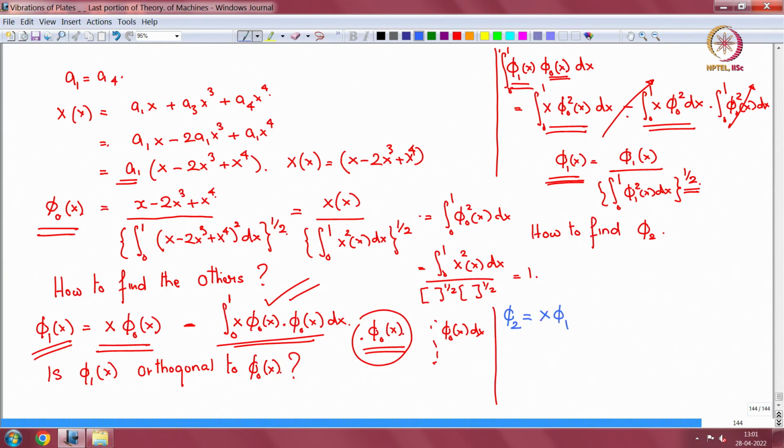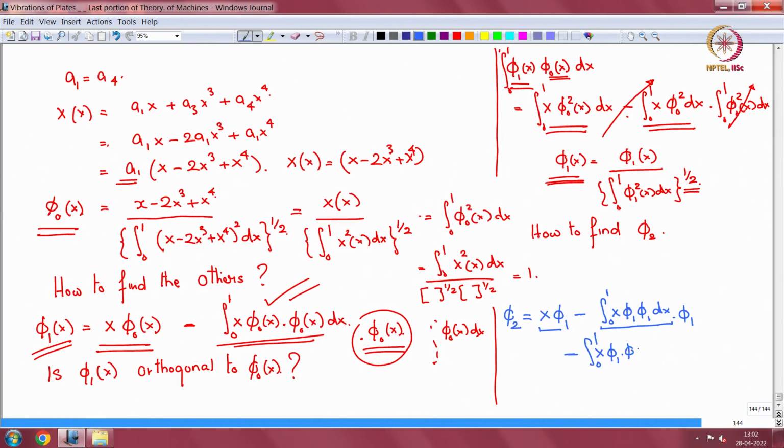okay. But I have to take out from here the component of phi 1 in it and phi 0 in it separately. So, minus integral 0 to 1 component of phi 1 in it is multiplied by phi 1 dx into phi 1. This much component of phi 1 is taken out from this, removed, okay. Then I remove integral 0 to 1 x phi 1 and the component of phi 0 in it.